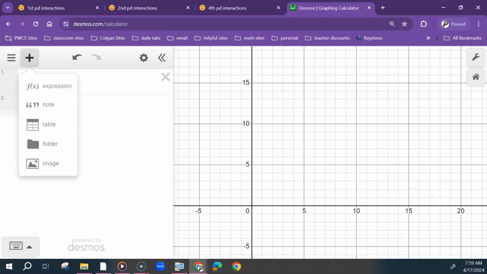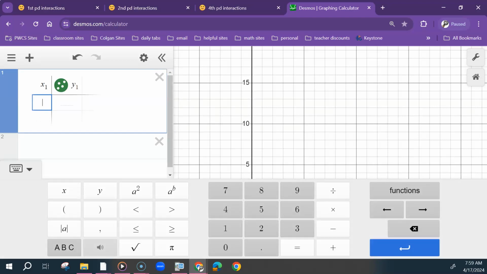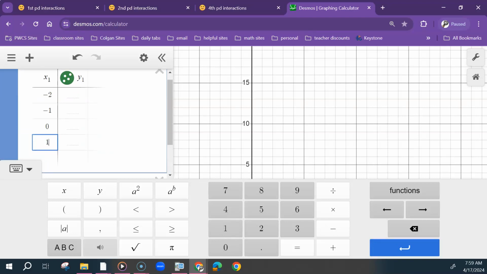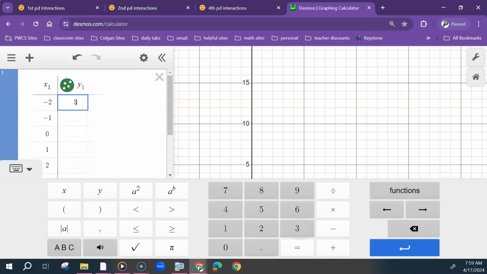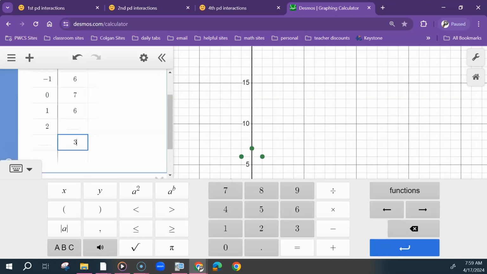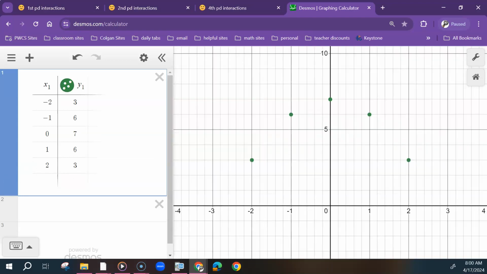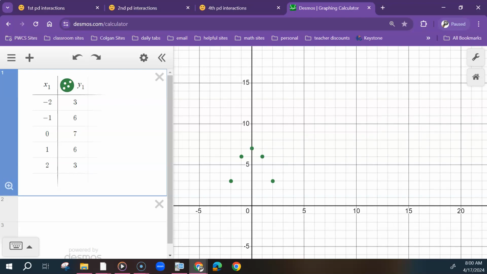You need a table, so just like line of best fit, put in your data. I can see it's making that U shape.